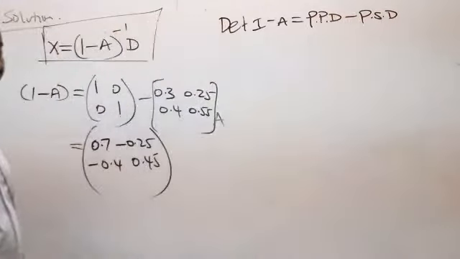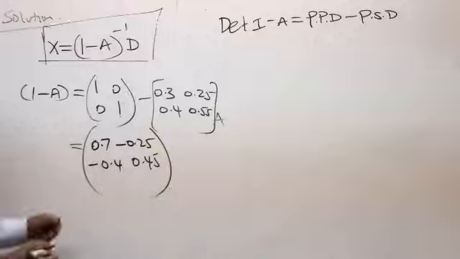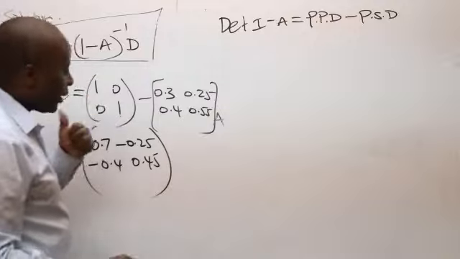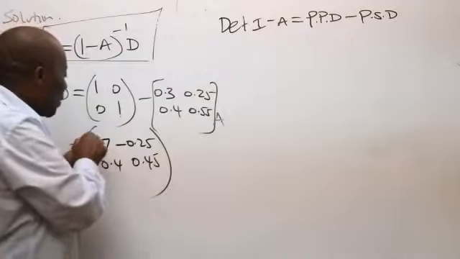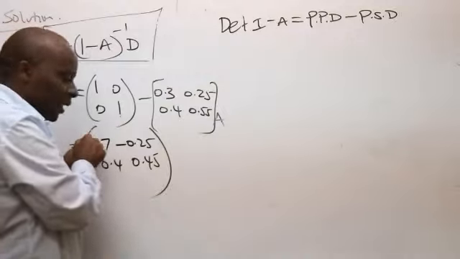It is the product of the primary diagonal minus the product of the secondary diagonal. So the primary diagonal in this particular case, if you remember your concepts very well, is the one that normally starts from the first element.